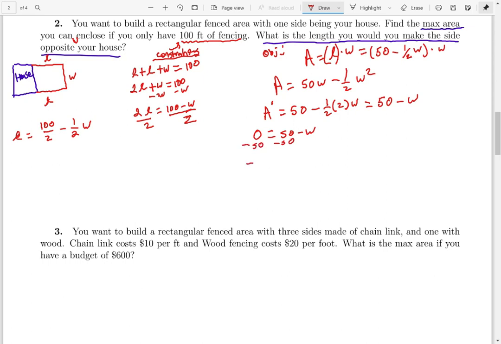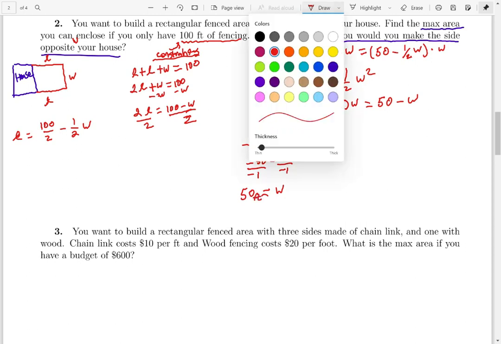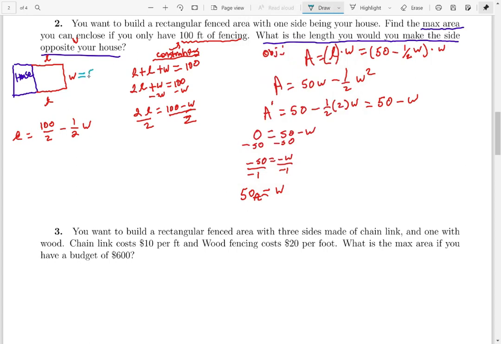I then get that negative 50 is equal to negative W. Divide by negative 1, divide by negative 1. I get that W is equal to 50. Now, if we're talking about units, this is 50 feet. And so, lucky us, we've actually found one of my solutions here. W is equal to 50 feet.